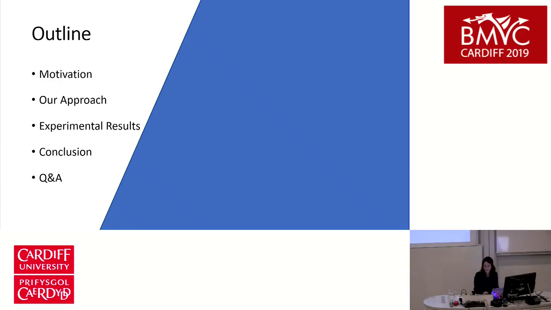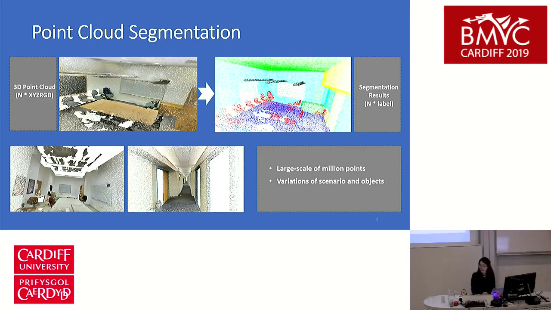Okay, let's first go to the motivation of our research. Let's have an example of 3D point cloud segmentation. Our main task is to do the segmentation, and we have an example of an indoor scene with n points, and each point has its X, Y, Z information and also the RGB information.